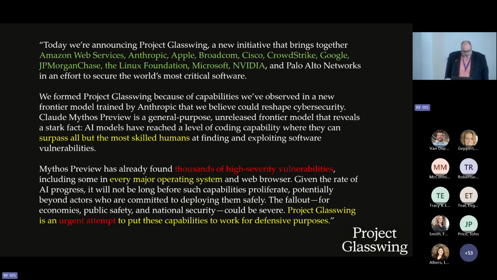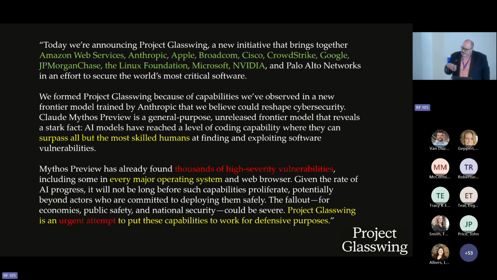So Project Glasswing is not just an attempt. These people choose their words carefully. This is an urgent attempt to put these capabilities to work for defensive purposes. So we're seeing AI become more powerful in its capabilities, and understanding how to use these capabilities and manage them, keep them in check, is going to become increasingly important.